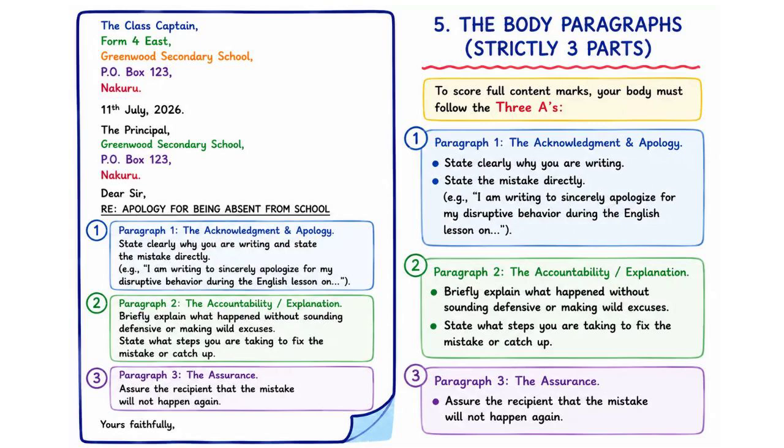Promise that the mistake will never happen again. For example, I sincerely assure you that this incident will not happen again. I have learned from my mistake and will always observe the school rules and communicate appropriately where necessary. Remember the 3 A's in the body paragraphs, which is acknowledgement and apology, accountability and explanation, assurance.